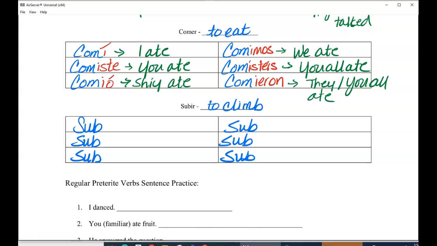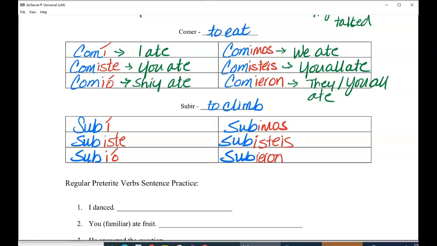And then we're going to add our new endings. And remember, these are our ER-IR endings. So I have subí, subiste, subió, subimos. This is the same as the present tense. So that imos is the same. You just have to use context clues. Then we have subisteis and subieron.